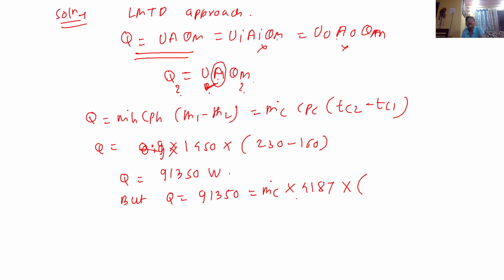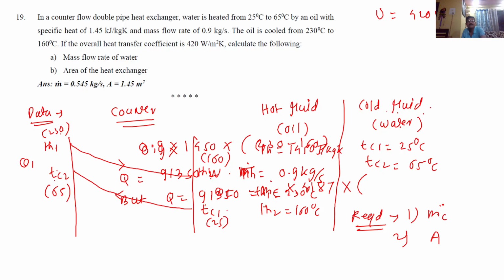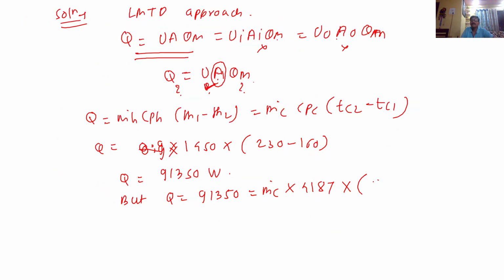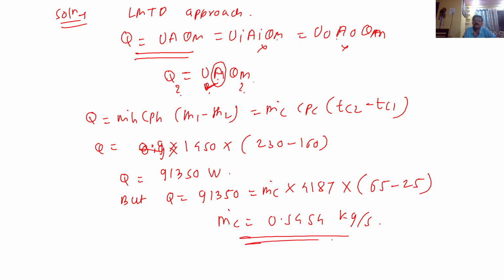What I am writing on the second slide is appearing on the first slide. So TC2 is 65 and TC1 is 25. 65 minus 25. So M dot C is equal to 0.5454 kg per second. So I think this is answer number 1.